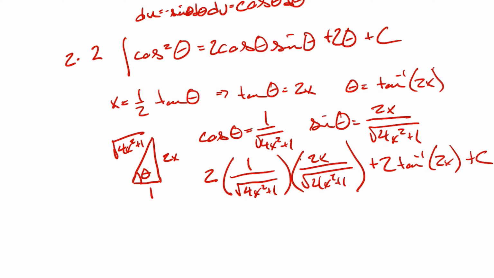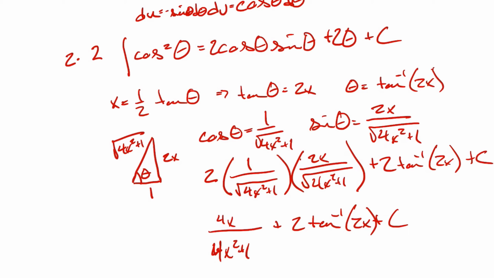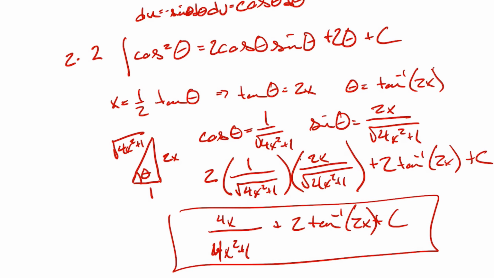And then all nice and cleaned up, this becomes 4x divided by 4x squared plus 1, since square and square roots cancel out, plus 2 tan inverse 2x plus c. And that's it.